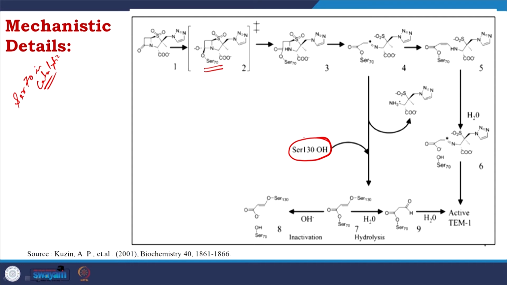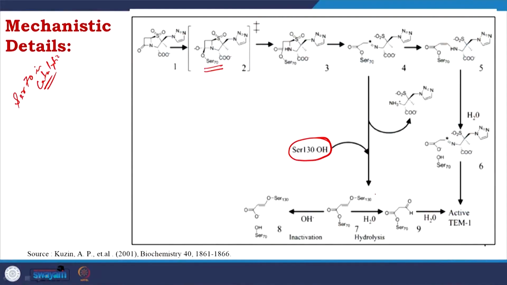That is the beauty of how these mechanism based inhibitors work. They not only involve the catalytic serine 70, they also involve a secondary catalytic residue serine 130, making a bridge between them. If you see, they make a bridge between them. So, it is very difficult to develop resistance.